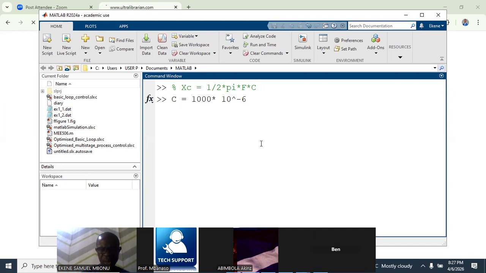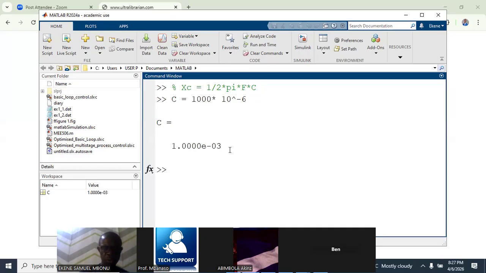We suppress it, or if we enter it, it just gives us the value of C.